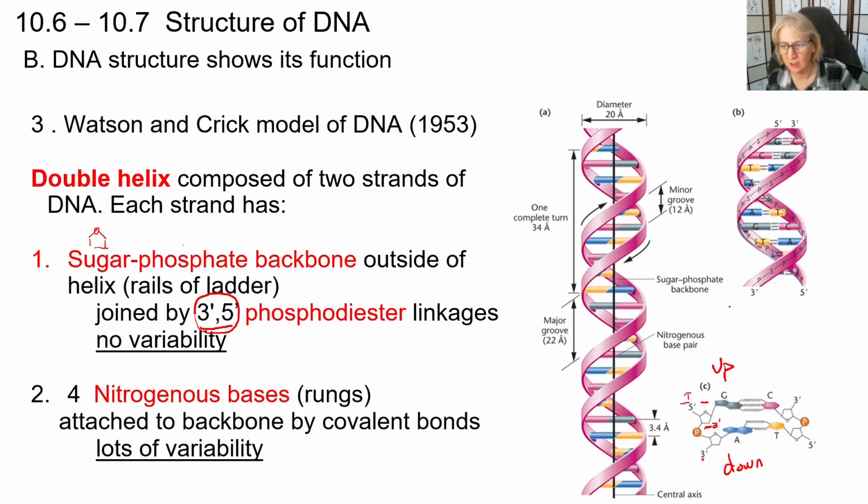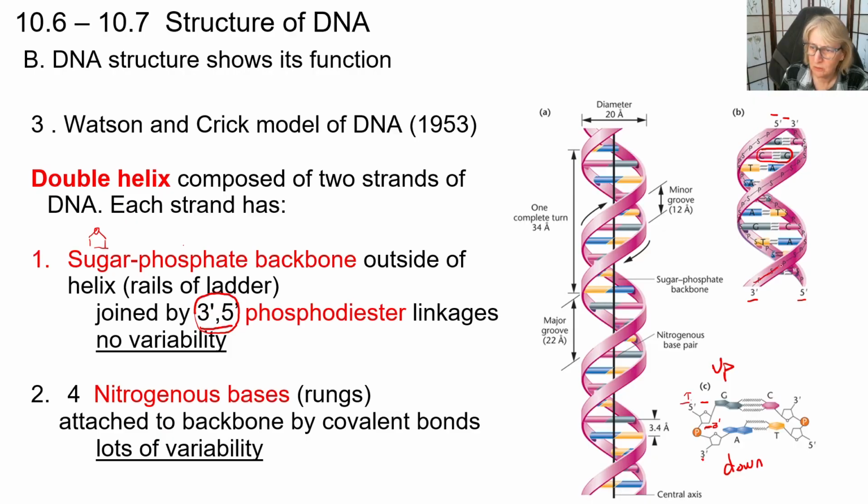We'll zoom in and look at it, but I want to show you here because it shows you on all of these diagrams that these two pieces of DNA that are twisting around in a double helix, held together by their rungs, which are made up of the nitrogenous bases, are running in opposite directions.